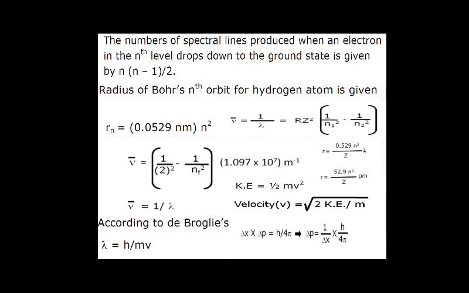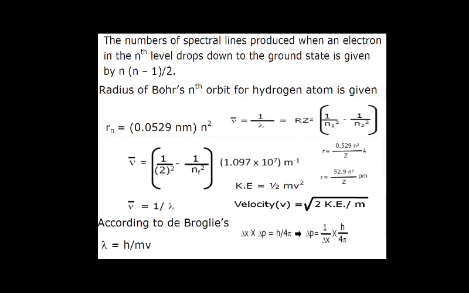Numericals we will do. The radius of the nth orbit of hydrogen atom was given by, I hope you remember that formula, Rn is equal to 0.0529 nanometer into n square. And one more formula is there in other units: Rn is equal to 0.529 n square by Z angstrom.